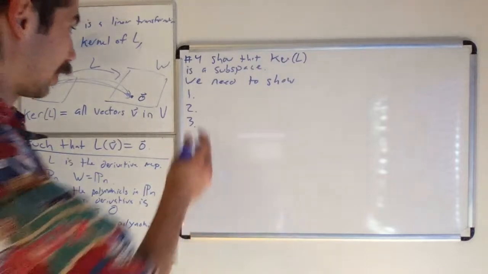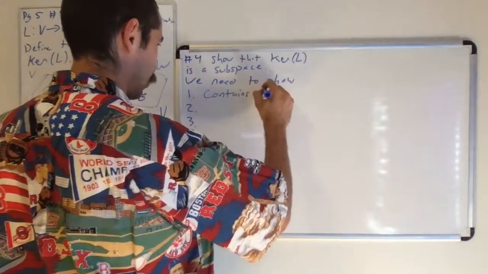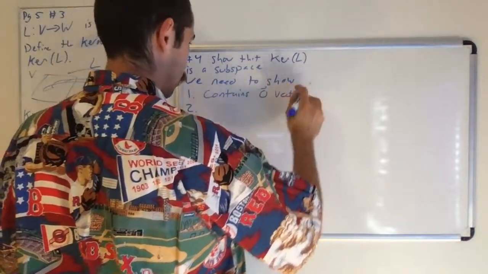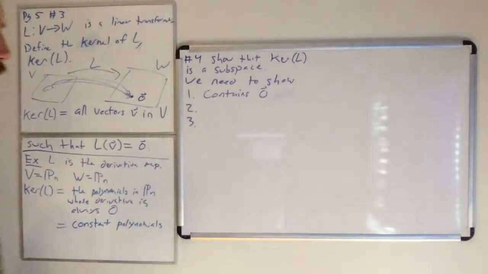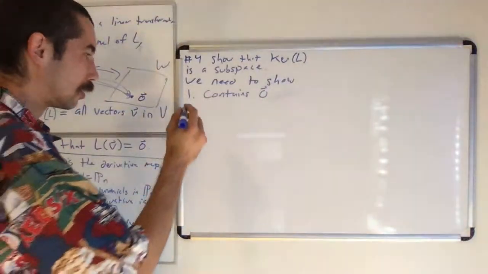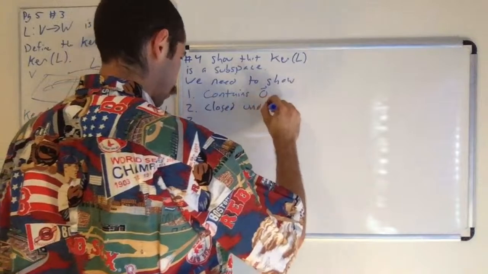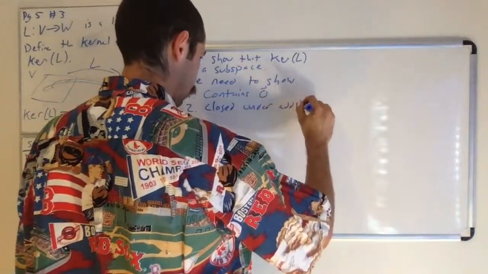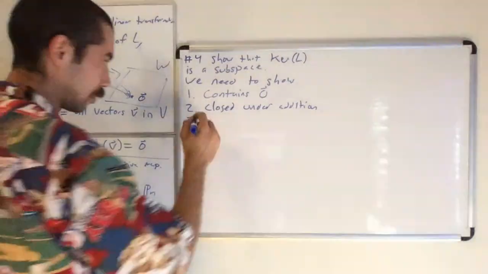Yeah, it has to contain a 0 vector. And then I'll finish the other 2. It has to be closed under addition, and then closed under scalar multiplication.